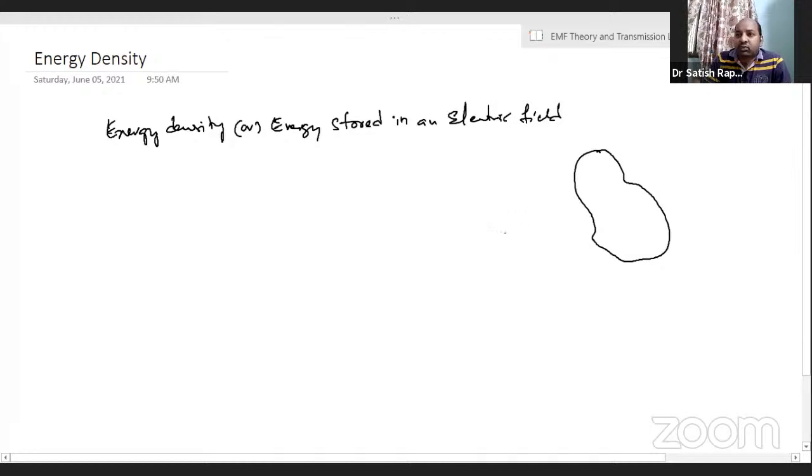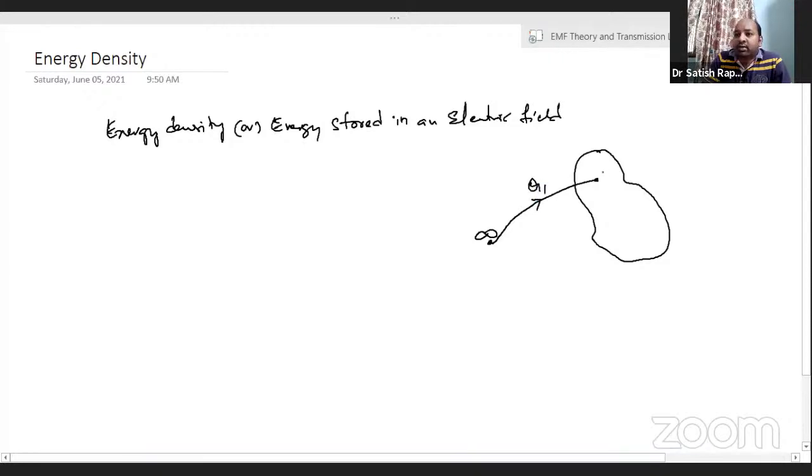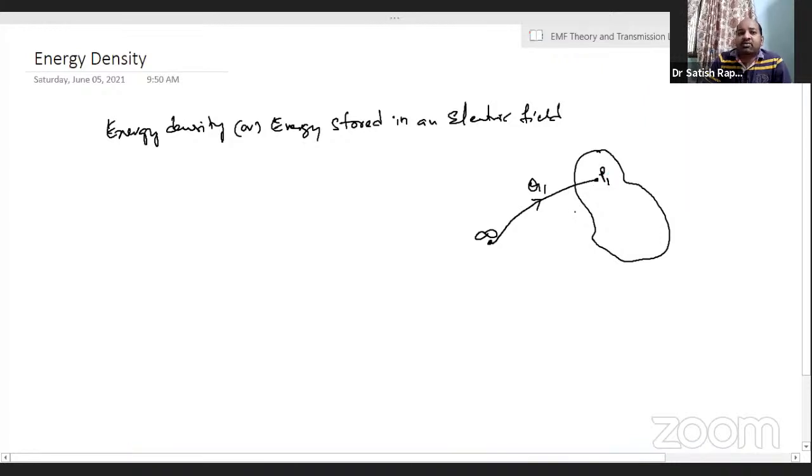So now what I will do is, from infinite distance, I will move a point charge Q1 to point P1. Point P1 is in the region that was initially charge-free.